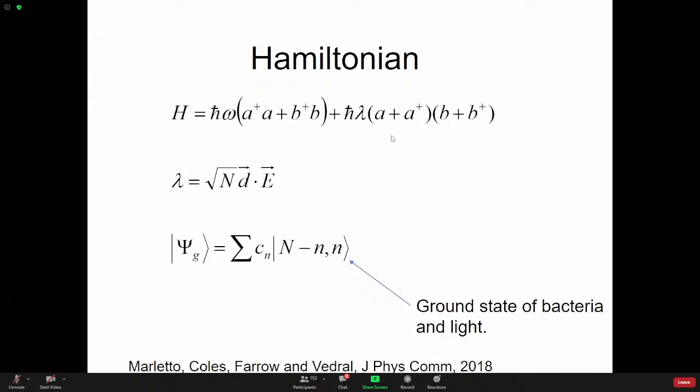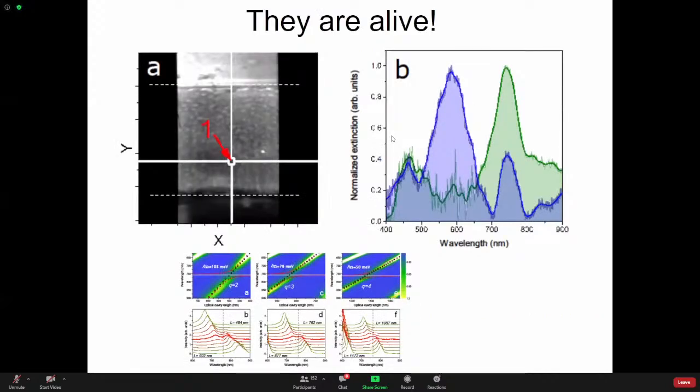The interesting thing is that what this vacuum Rabi splitting observation suggests, if this model is correct, of course, is that the ground state of the bacterium and light should really be thought of as a large entangled state in which you have these small n excitations either in the cavity or absorbed by these dipoles inside the bacterium. And it's a really large entangled state. Blackstone, can I ask a question?